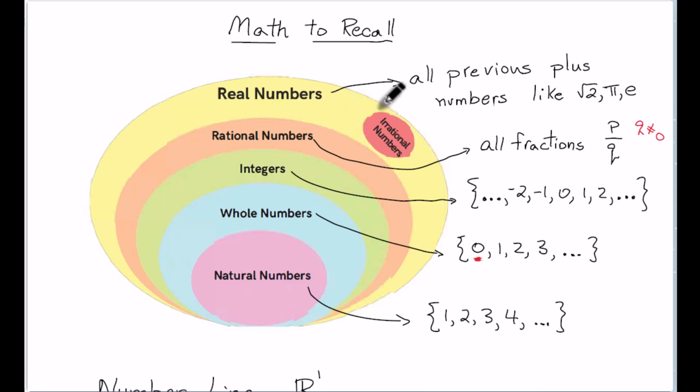Real numbers have all of the previous numbers, but they have something more, because there are some numbers like square root 2, pi, e, that are not writable as a fraction. So, all of these numbers you should be familiar with.